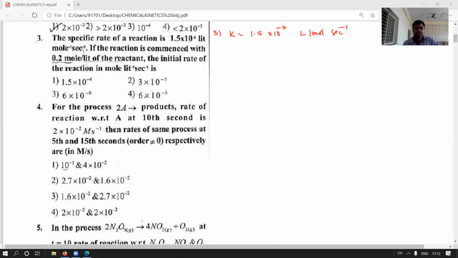If the reaction is commenced with 0.2 mole per liter of the reactants, means the concentration of reactant is 0.2 moles, what is the initial rate of the reaction, they asked.